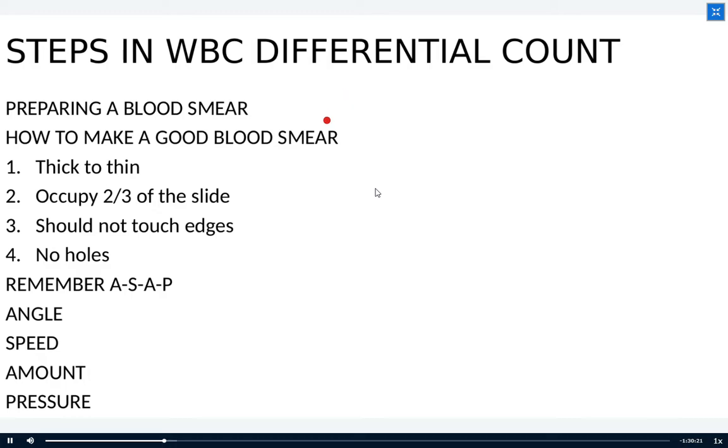So whenever you're gonna prepare your blood smear, class, you need to remember how to make a good blood smear. First, you have to make it thick to thin. So if you notice kanina, class, your smear is the label, and you'd add a drop here, then you'd slide it downwards.